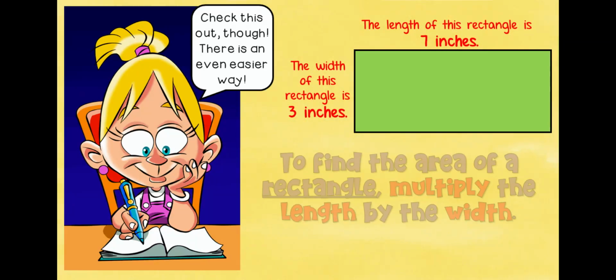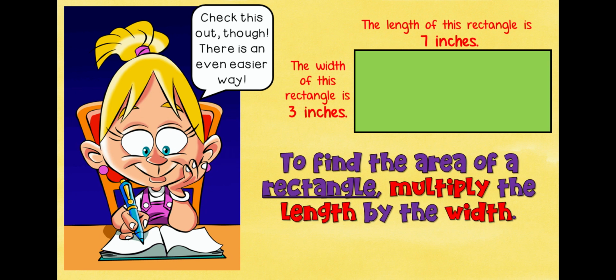So to find the area for this, we can multiply the length times the width. So 7 times 3, or 3 times 7, would get you the answer 21 square inches. 7 times 3 gets you 21 square inches.